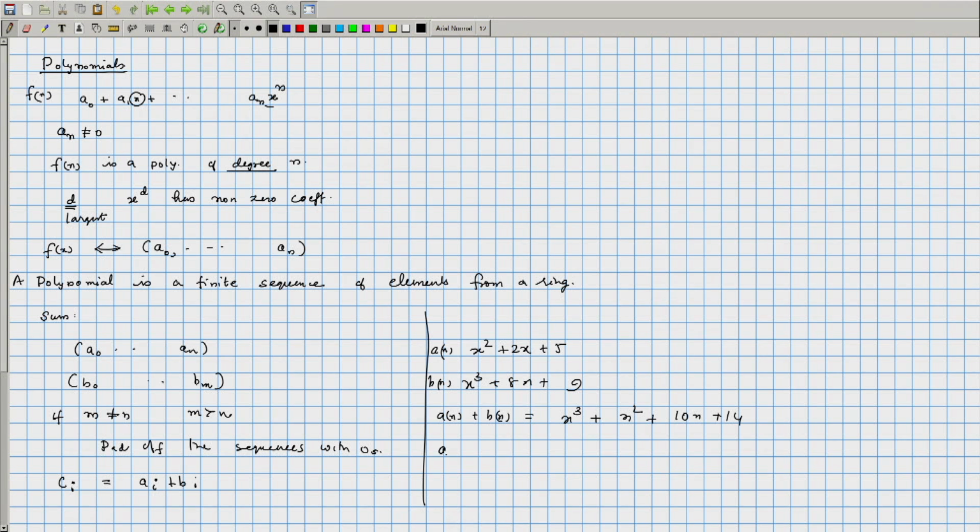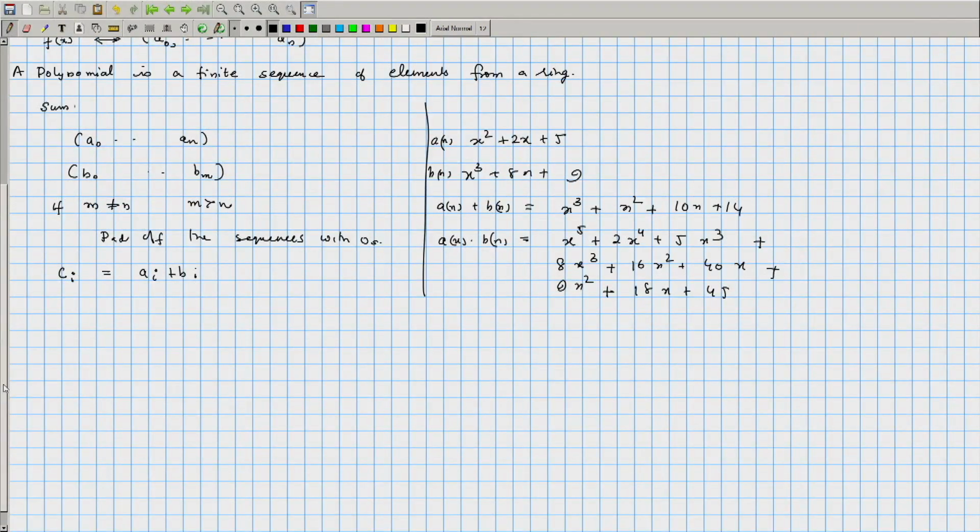We could also define their product. So, a(x) times b(x) would be equal to, so x cube into all these would give x raised to 5 plus 2x raised to 4 plus 5x cube plus 8x, when you multiply you will get 8x raised to 3 plus 16x square plus 40x plus 9x square plus 18x plus 45. Okay.